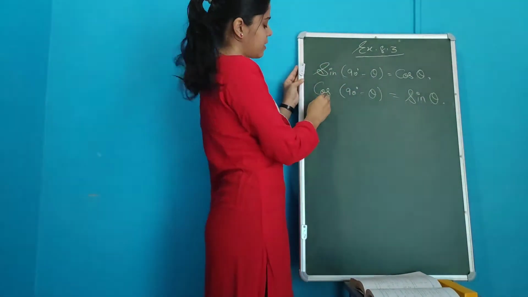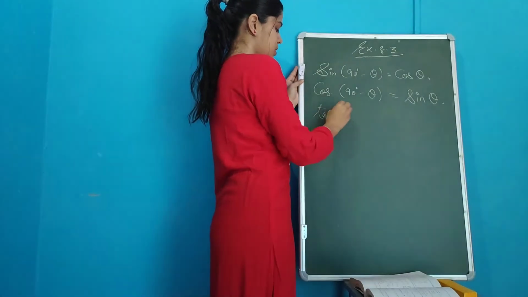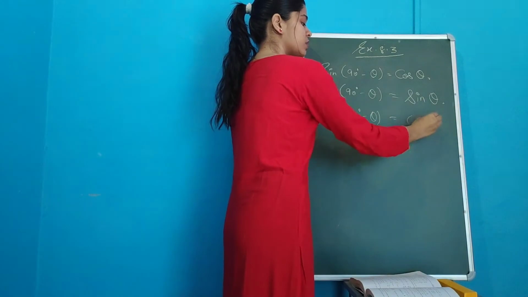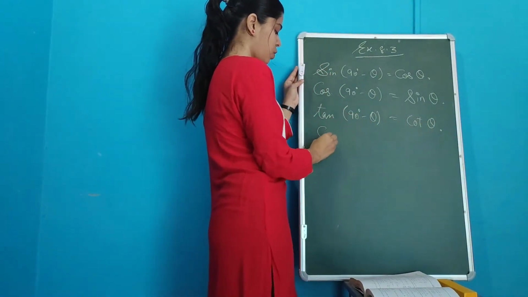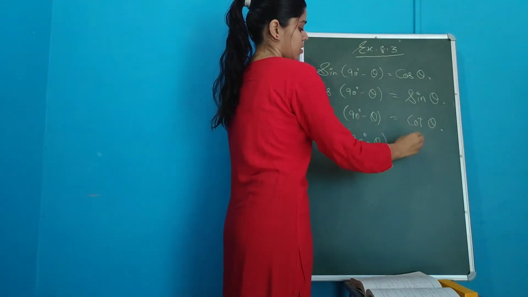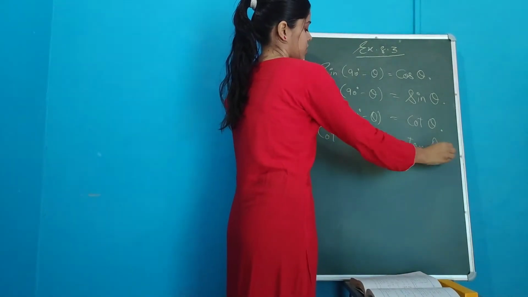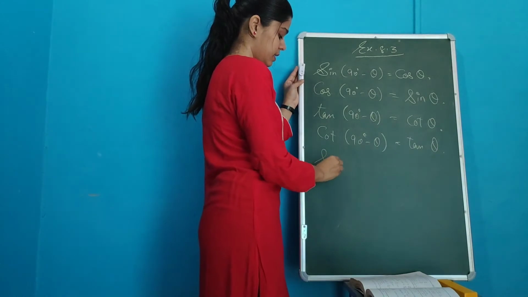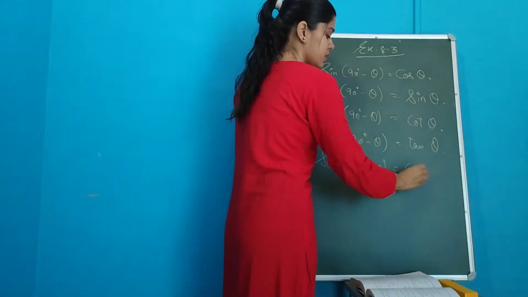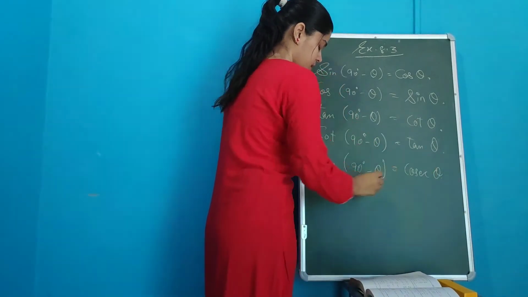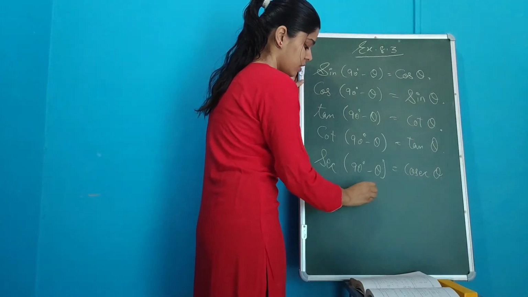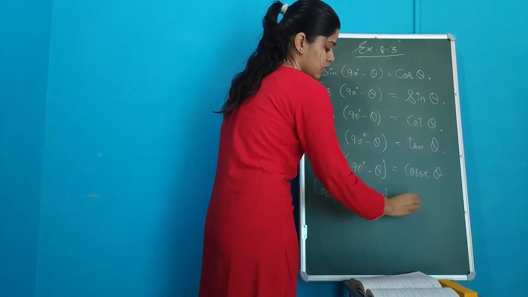Tangent 90 minus theta becomes cot theta, and cot 90 minus theta becomes tangent theta. Secant 90 minus theta becomes cosecant theta, and the last one, cosecant 90 minus theta becomes secant theta.